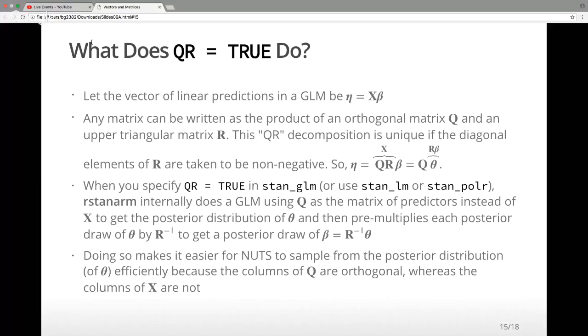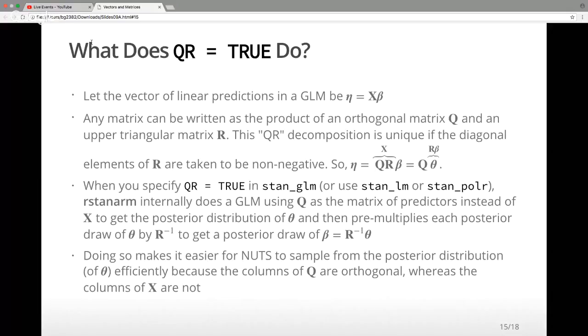And so when you specify QR equal true, what rstanarm is doing, without you necessarily knowing it, is a GLM of your outcome using Q as the matrix of predictors rather than X, in order to get the posterior distribution of theta, which is the coefficients on Q.